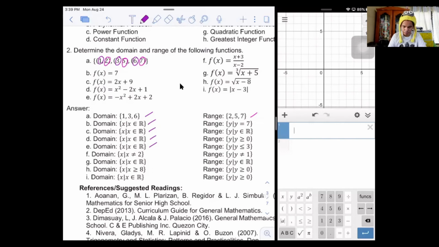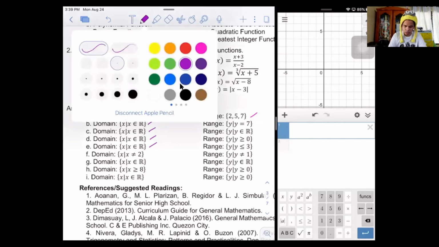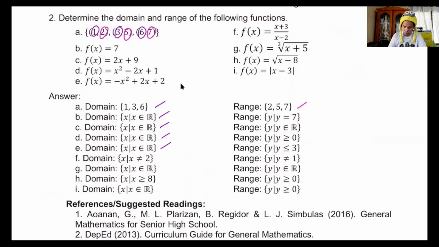Okay? Now, let us go to their corresponding range. So f of x is equal to 7, so mao na po ni siya. And then for f of x equals 2x plus 9, as what I have said a while ago, both the domain and range of a linear function is all real numbers.